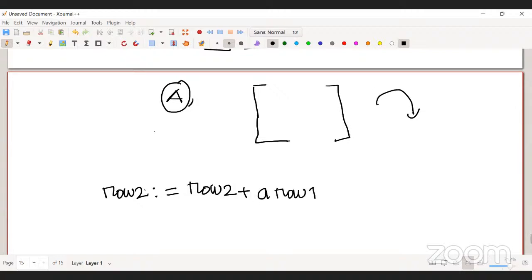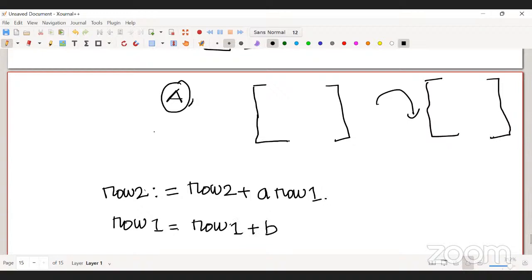Yes, sir. So this is the property. At the same time, row 1 also gets changed to row 1 plus b times row 2. A and B might be the same also.